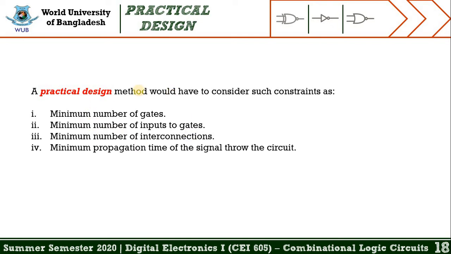Next, minimum number of inputs to gates. Third is minimum number of interconnections. Fourth is minimum propagation time of signal flow through the circuit.